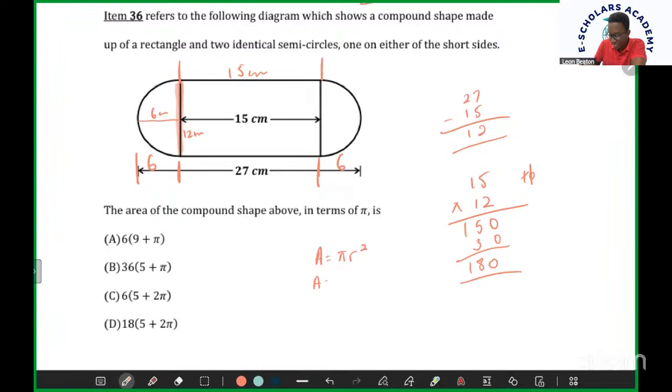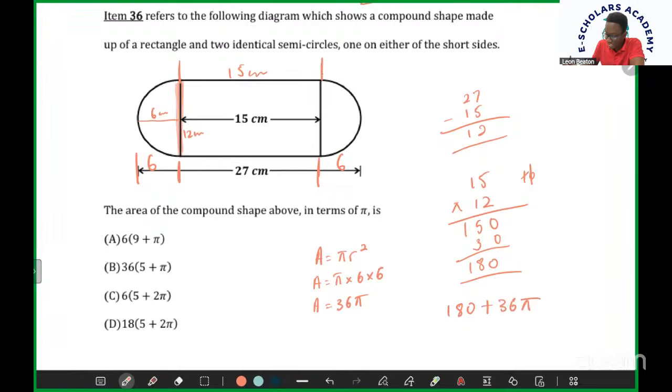So the area here would be pi times 6 times 6. 6 times 6 is 36, so 36 times pi would be 36 pi. So hence the area of the compound shape would be 180 plus 36 pi.